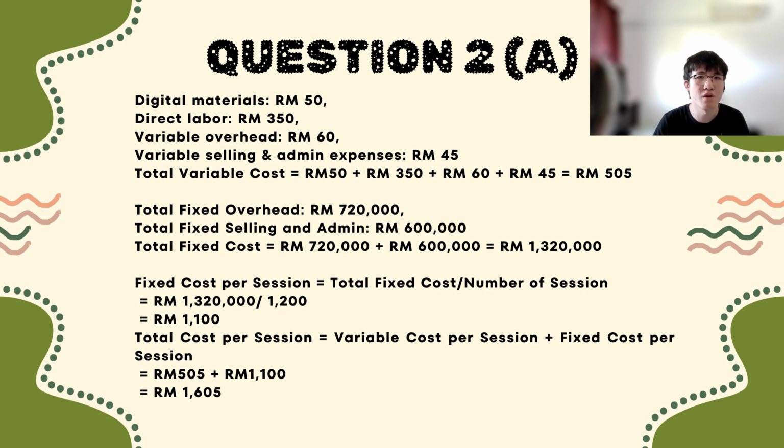Next, we calculate the fixed cost. We have a fixed overhead of 720,000 ringgit and fixed selling expense of 600,000 ringgit. Adding this together gives us a total fixed cost of 1,320,000 ringgit for the year.